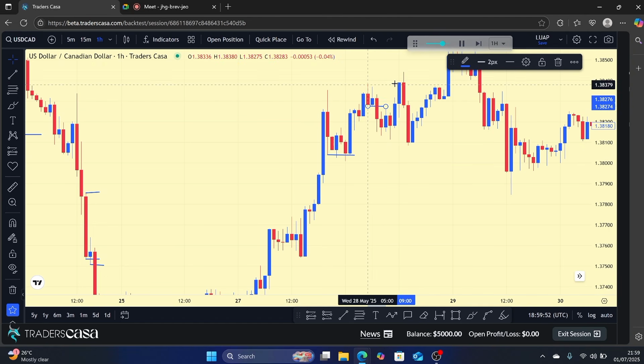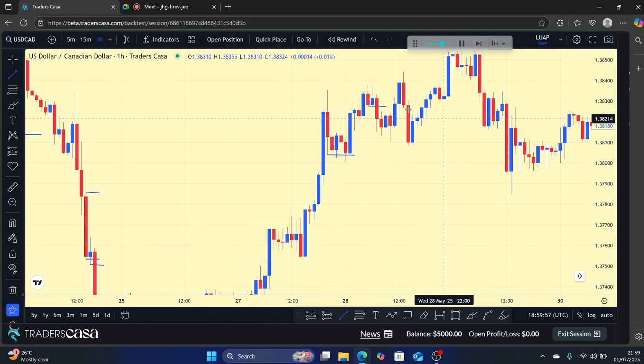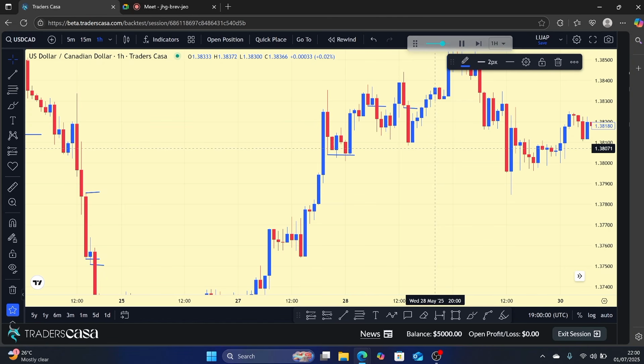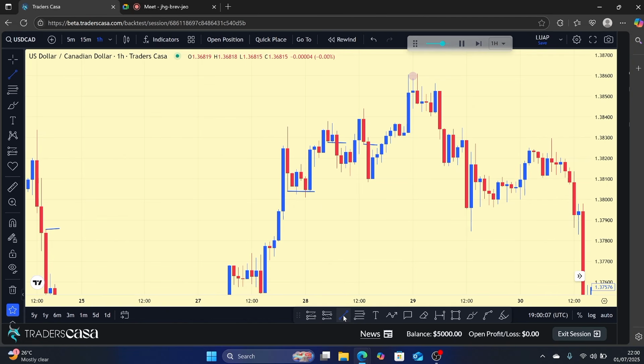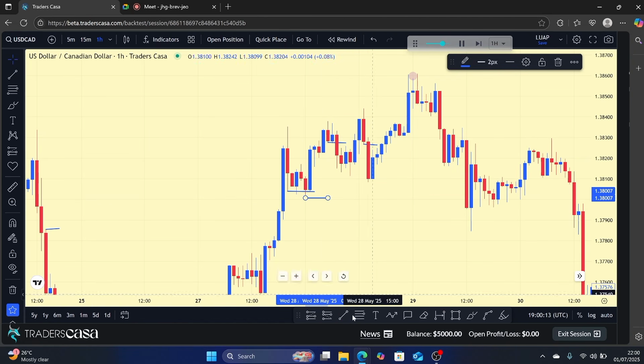Again, same scenario, price broke past the lowest point. So all of these are pullbacks, and the low of these pullbacks is this one. This is the first pullback.